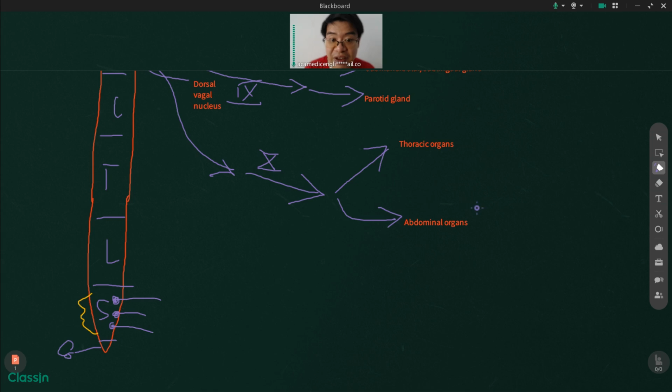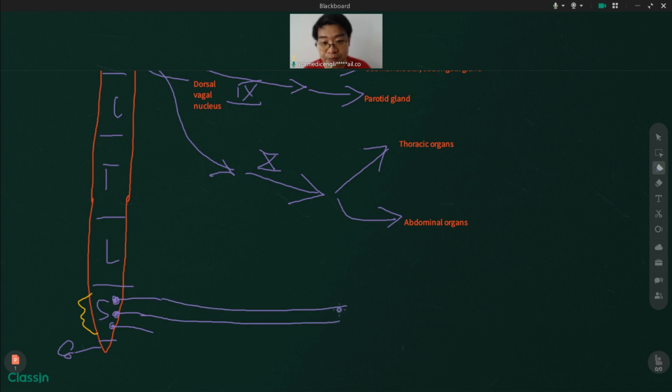Why? Because the 10th has already supplied most of the abdominal organs, except for the portion of the descending colon, a little bit of a portion of the splenic flexure, the descending colon, the sigmoid colon, the rectum, and the anal canal. So most of the abdominal organs have already been innervated. Now S2, S3, and S4, what will they innervate?